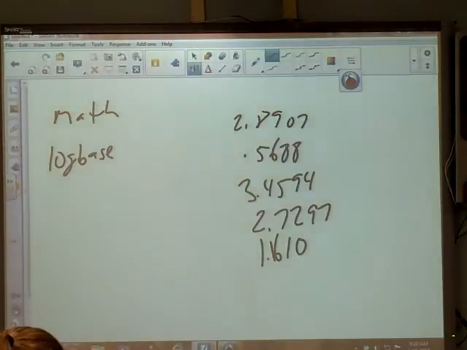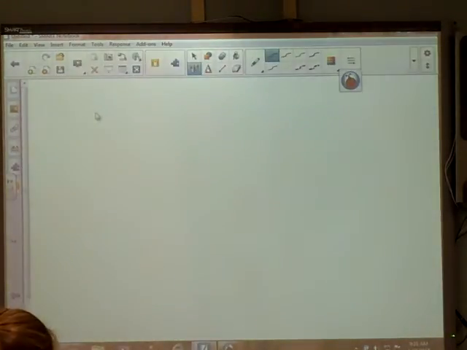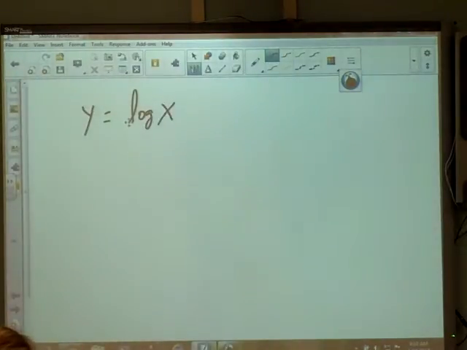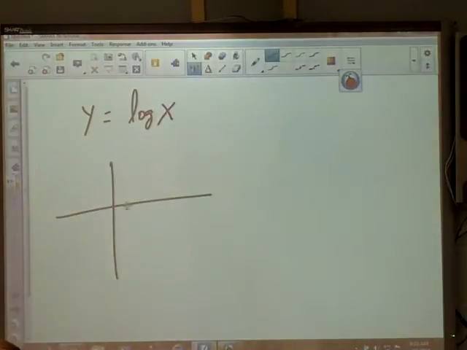On 9, what I would do is go to my y equals and type in log of x. That's the parent function they give you. I would graph that, and then they show me the graph of g of x there to compare it to.